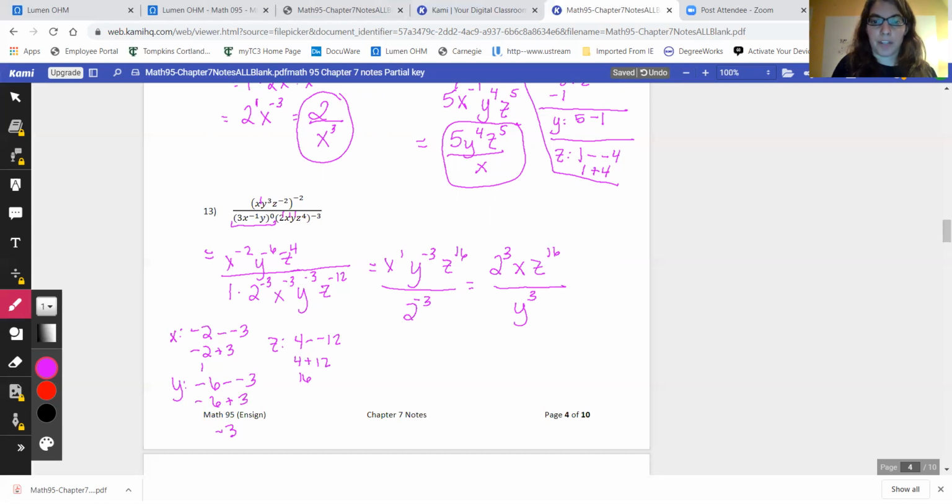I already moved that 2 to the 3rd up. So I could leave it like that, or I could make 2 to the 3rd into 8 since that's a small number. So we have 8x, z to the 16th over y to the 3rd.